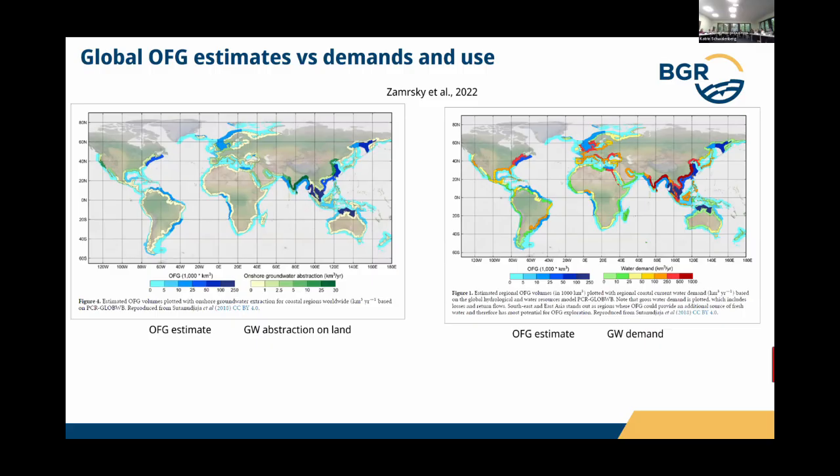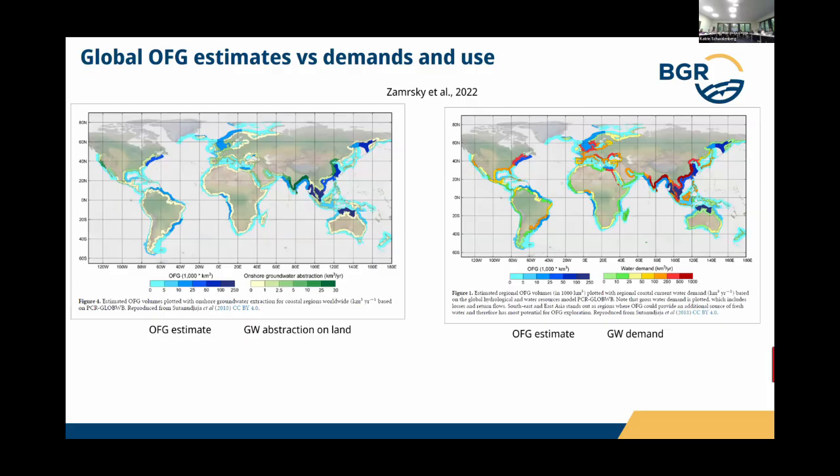Dark colors mean there's a high potential for offshore fresh and groundwater. And the inner green colors are estimated numbers for onshore groundwater abstraction. So how much is actually used.